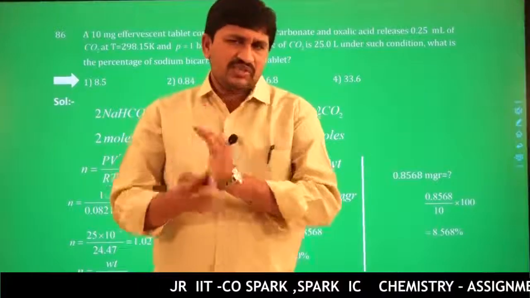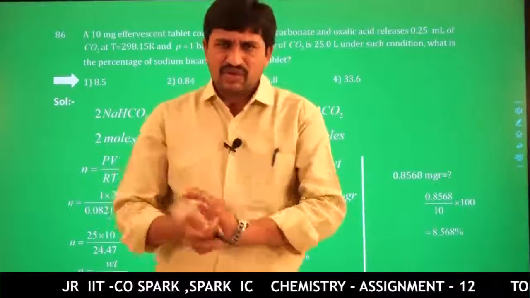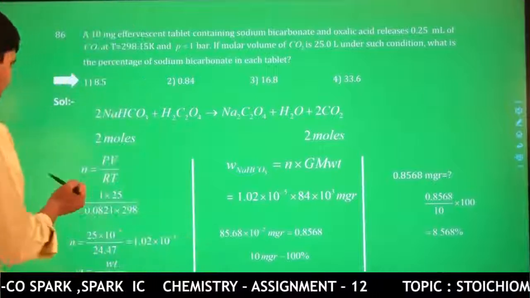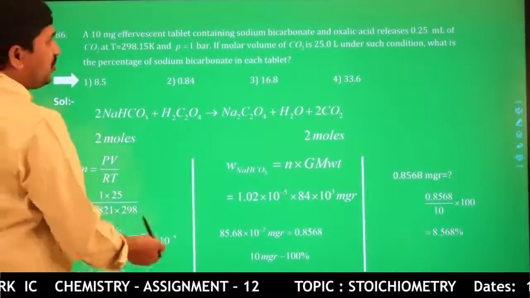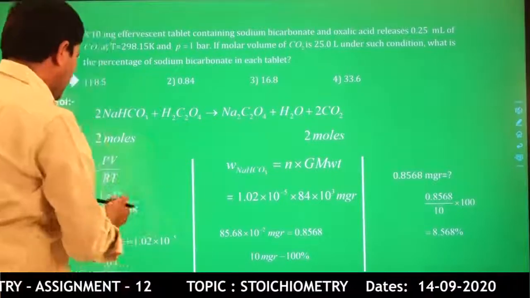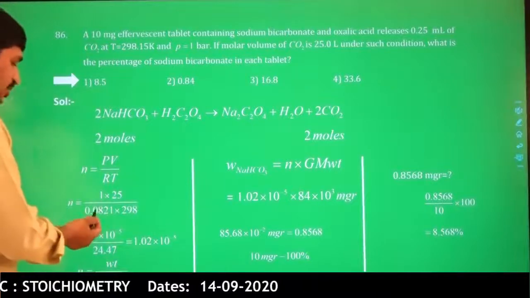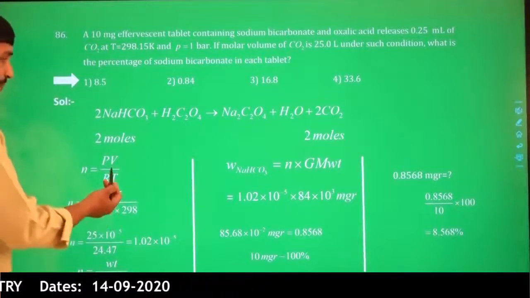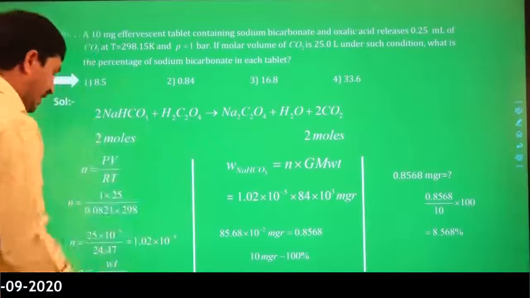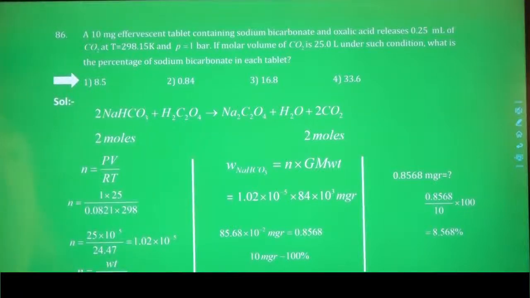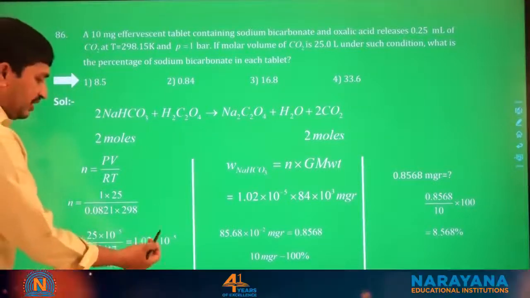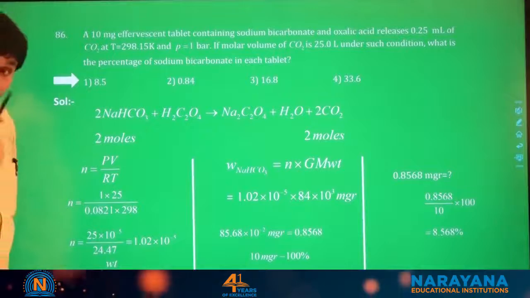That is approximately taken as 1 atmosphere equal to 1 bar. That is why pressure is taken in atmospheres and volume in liters, 25 by R, the ideal gas constant. The R value in liter atmosphere is 0.0821 into temperature in kelvins, here 298. Got it? You simplify this and get the answer 1.02 into 10 power minus 5 moles.